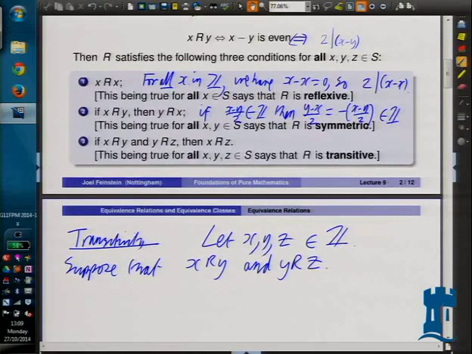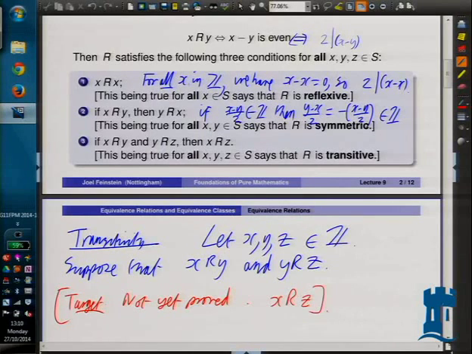As usual, we haven't proved it yet, so this is our target. Not yet proved, but worth remembering where you're going. Okay, we haven't proved it, so we mustn't make deductions from it. Never make deductions from your target. I'm putting that in there to remind us where we go. So we don't yet know that x is related to z, but we do know x is related to y and that y is related to z.